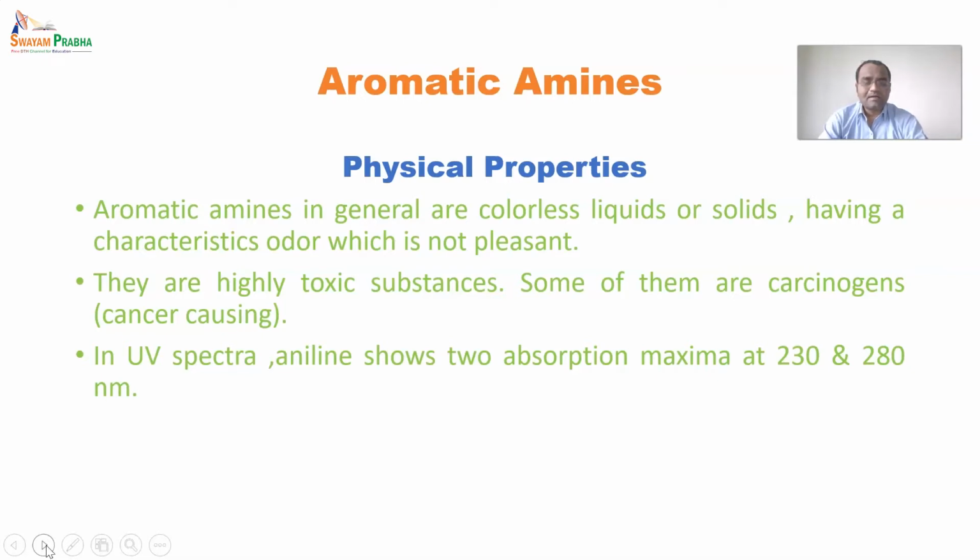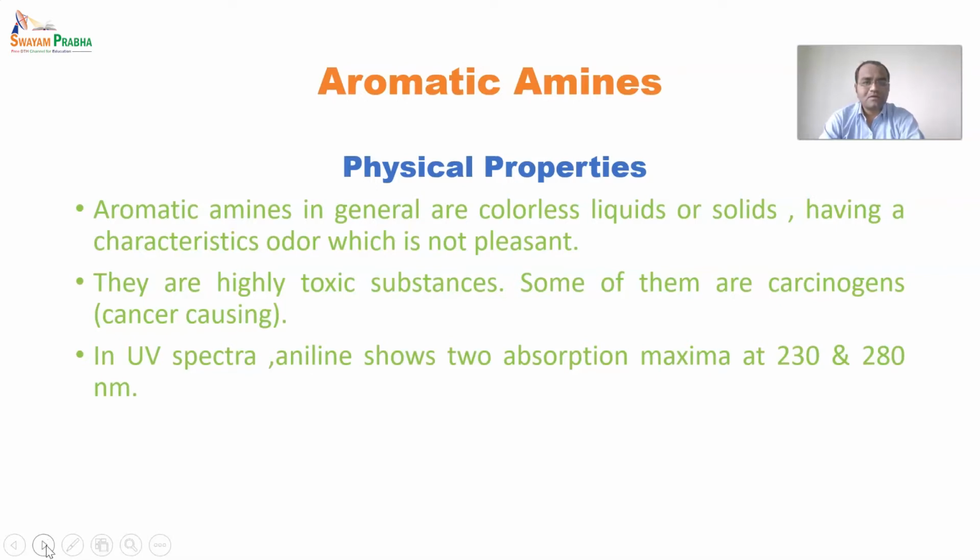All colored compounds have absorptions in the region of the UV-visible spectra, and that is why it shows an absorption spectrum in the UV region. Apart from that, conjugation in the aromatic ring is also responsible for absorption, because two types of transitions can be seen.